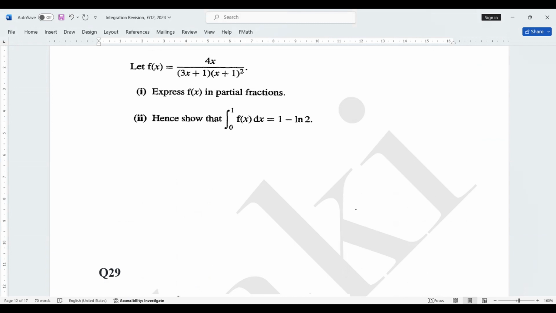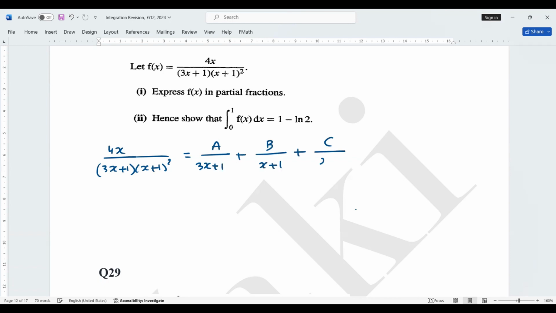So 4x over 3x plus 1 bracket x plus 1 squared. Let this equal a over 3x plus 1 plus b over x plus 1. Because it's repeated, we have to add c over x plus 1 squared.